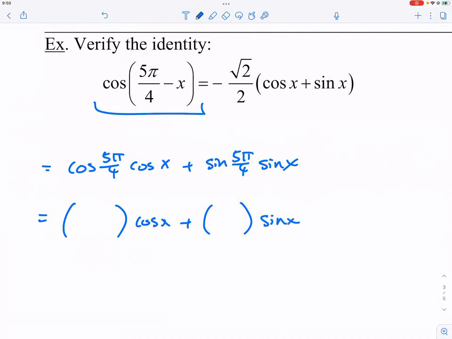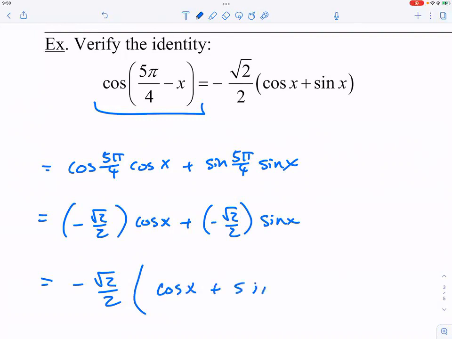And what you have here is negative √2/2 and also negative √2/2, which means that you can factor out the negative √2/2 from both terms. And what's left? It's just that.